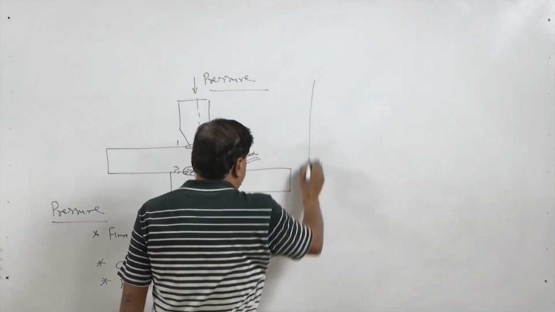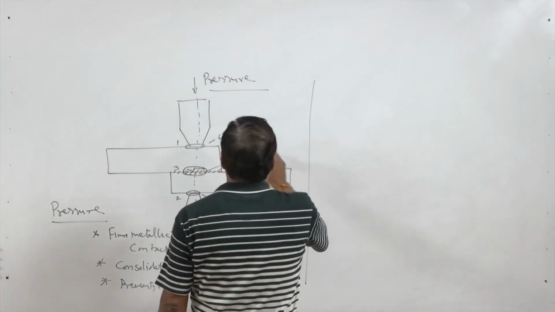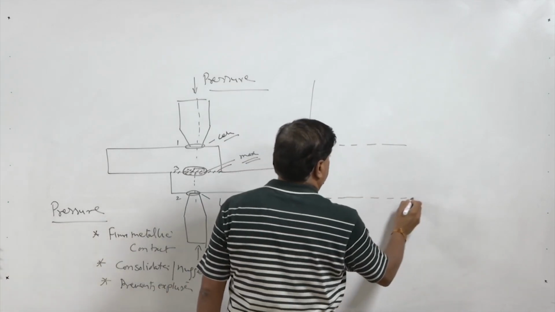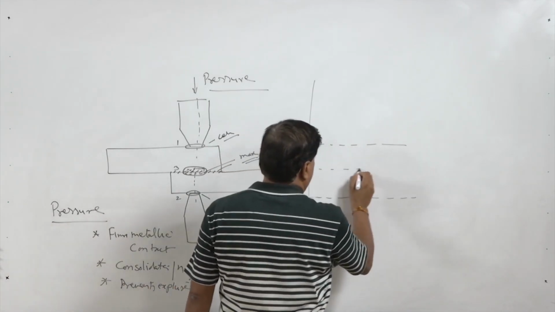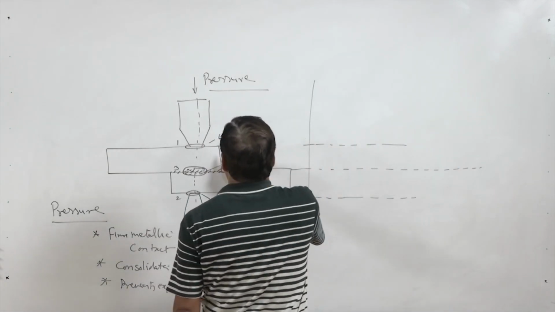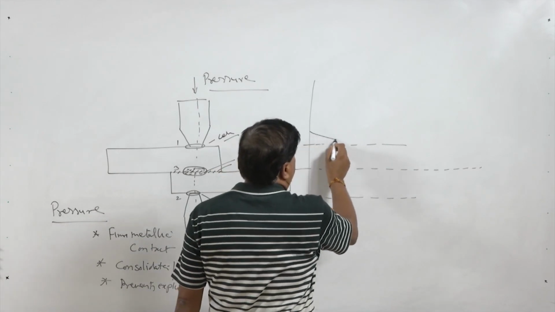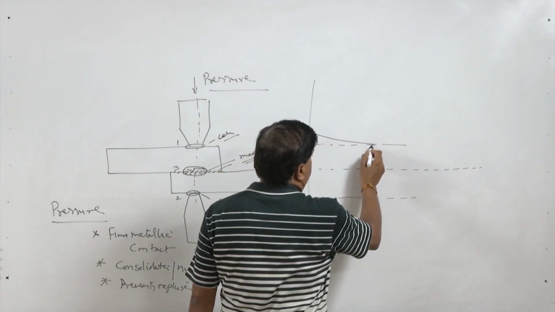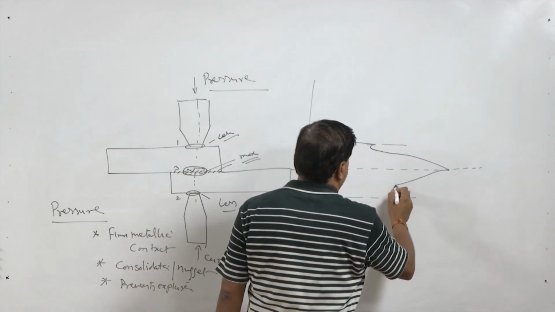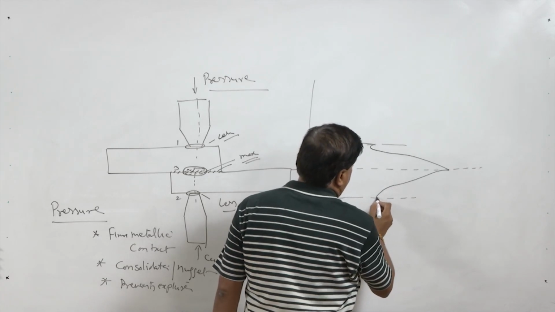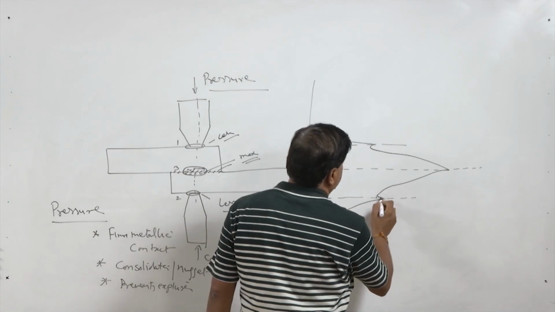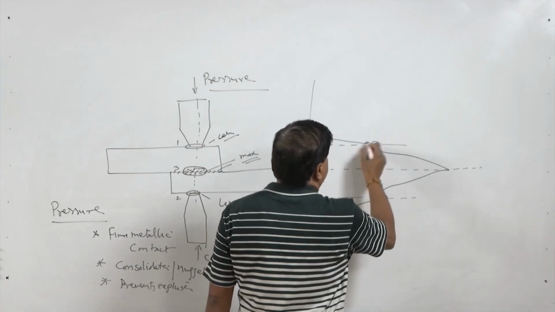Because of this, if we try to see the temperature variation at this point, at the contact interface, as well as the interface between the faying surfaces, the temperature will increase and go like this, then again increase, reach the peak value, then start coming down, and then again start coming down. So, some peak is observed at the contact interfaces.